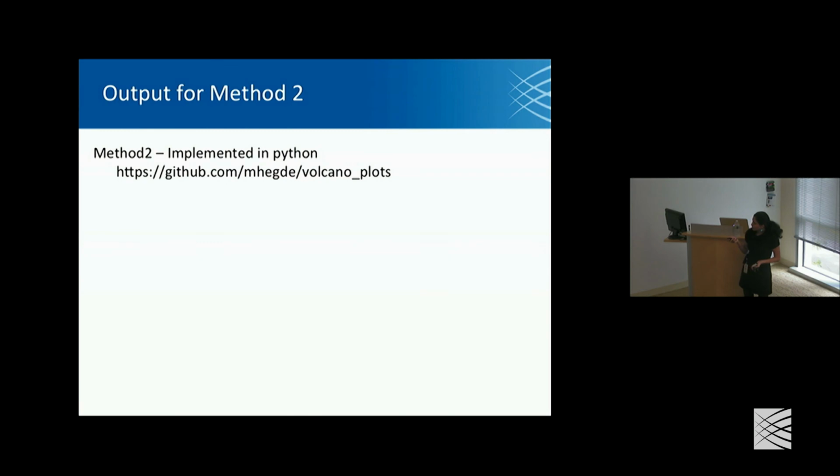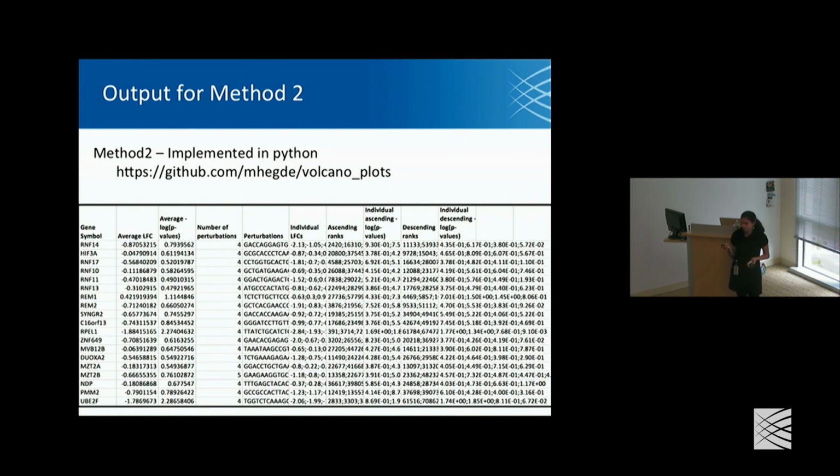Okay. So method 2 was also implemented in Python, and if you go to this GitHub link here, you can download the code and run it. And the output file for this method looks like this, where the first column is your gene symbol, and please note here that every single gene gets a p-value. The second column here is the average log-fold change, which is just the average of the log-fold change of all the guide RNAs targeting this particular gene.